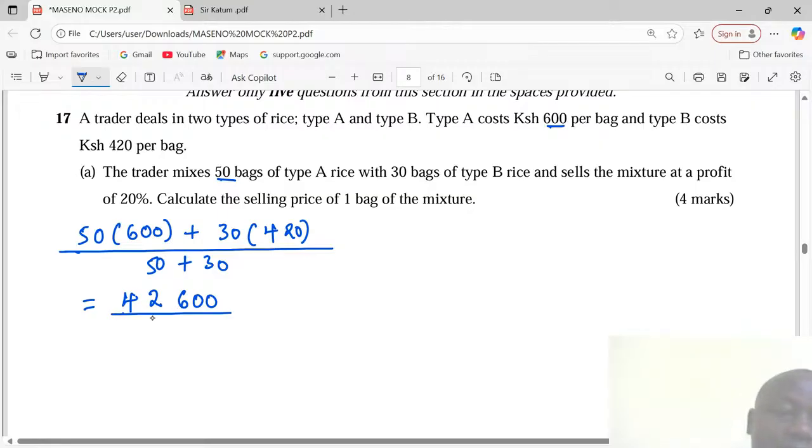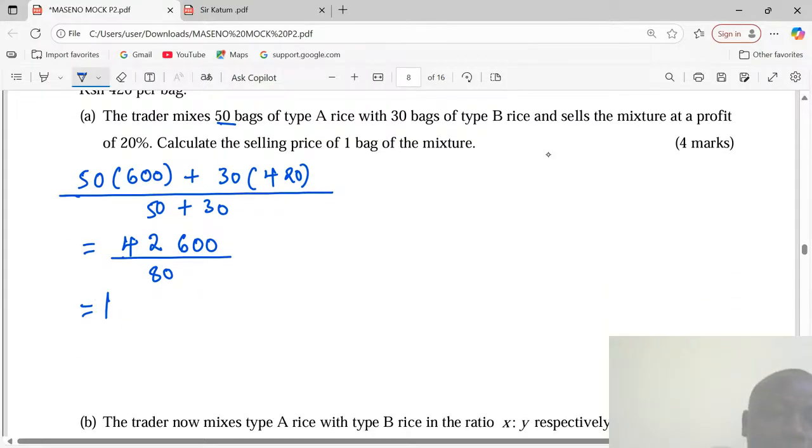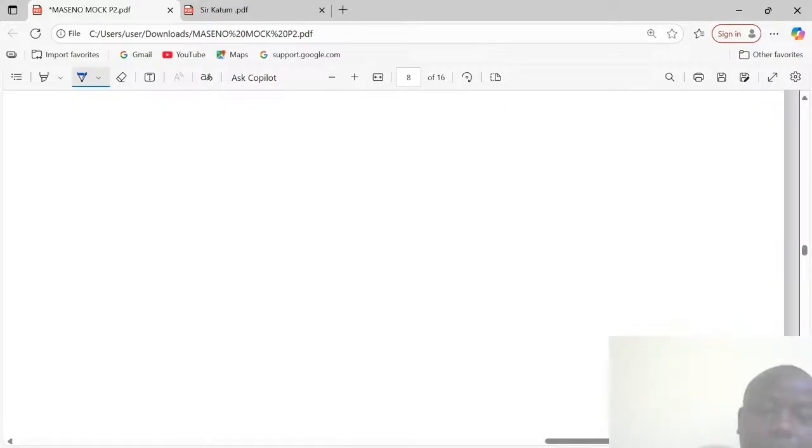So if they are 80 bags, what is the cost of one bag? We divide by the 80 bags now in this mixture. So let me divide this one by 80. Guys, I'm getting 532 and 50 cents.